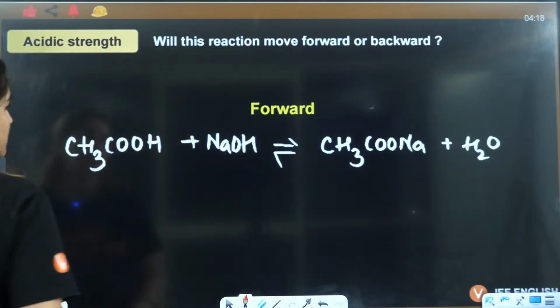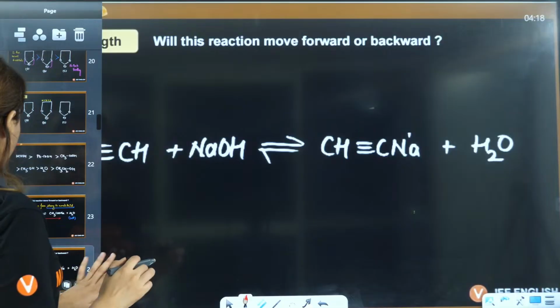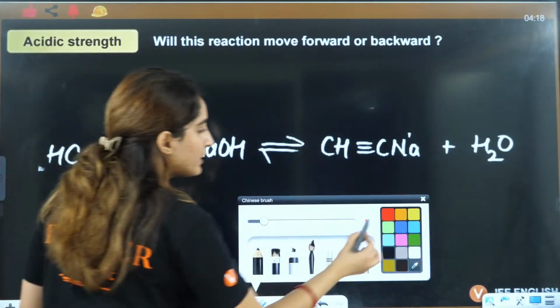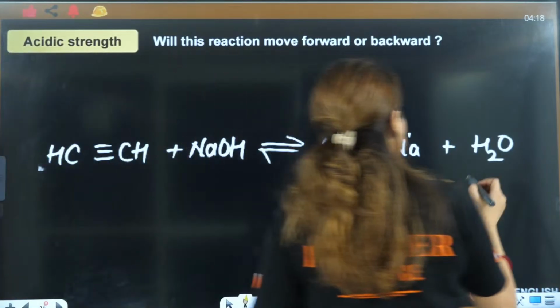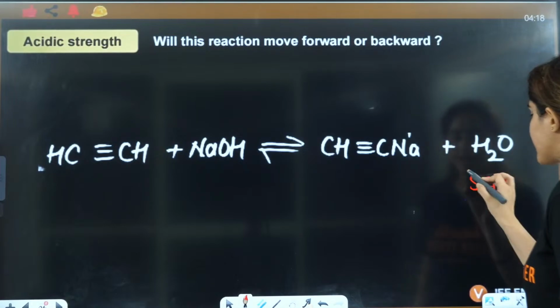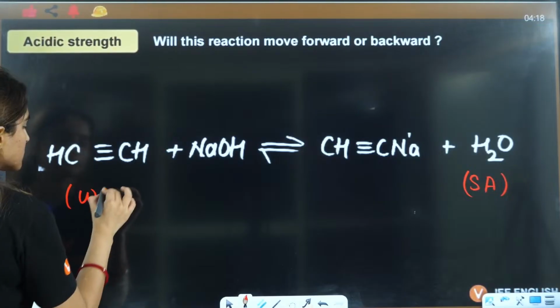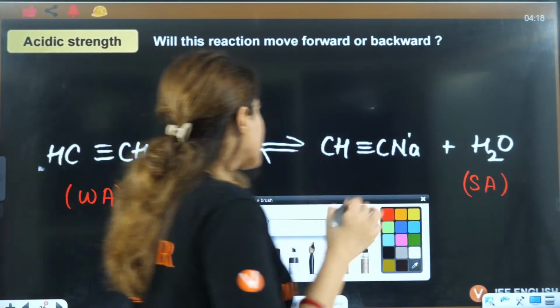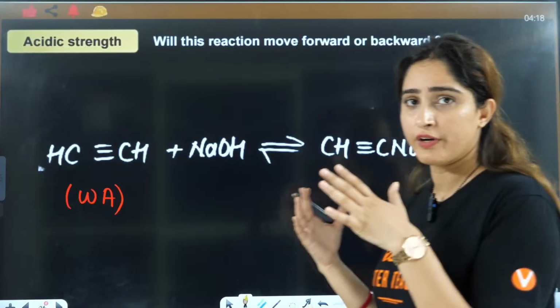Now next is this question. Next question is you have alkyne and water. So when you see this, water is a strong acid as compared to alkyne. This is a weak acid. This we will study throughout organic chemistry. We will learn the acidic strength of different things.